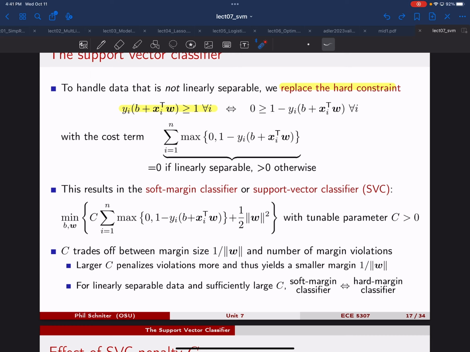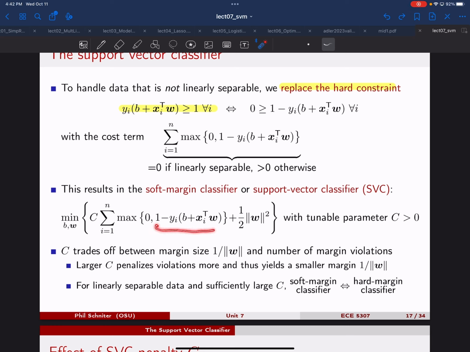The number of support vectors, are you wondering about that? Yes. So the number of support vectors is the number of points for which this is 0 or more. If this is strictly less than 0, that sample will not be used at all. If this is exactly equal to 0, then the sample is right on the boundary of the street.